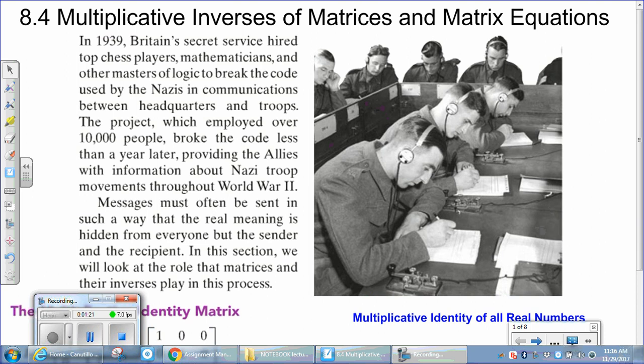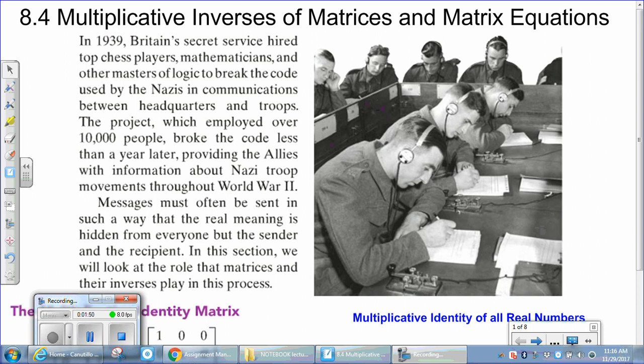That's the way they were able to decode the secret messages that the Nazis were sending through the radio, because they were coded using cryptography. That's the movie I was talking about, The Imitation Game. That's how World War II ended, thanks to math, actually. So for those of you who think math is not useful.